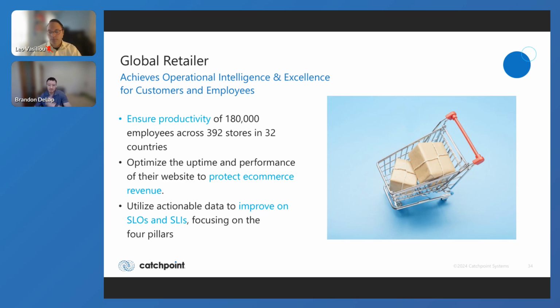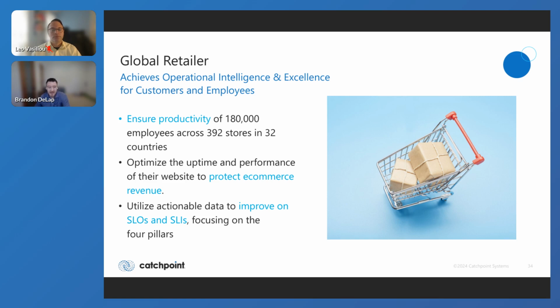Let's look at the next company here, Company B, a global retailer with big warehouse stores. For them, internet performance monitoring provides operational intelligence to drive customer excellence in every aspect of the business. Whether it's their customers, their own employees, they really care about it all.